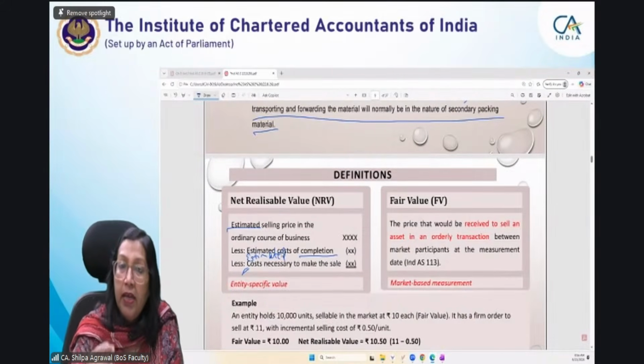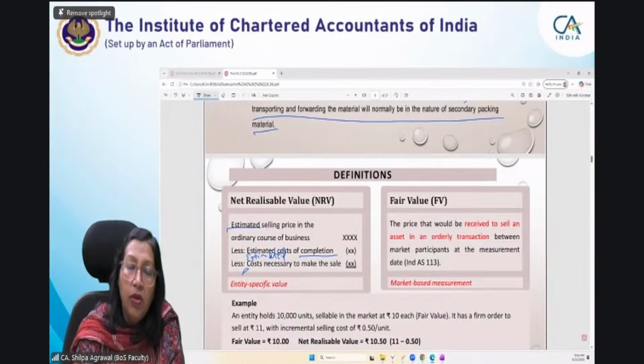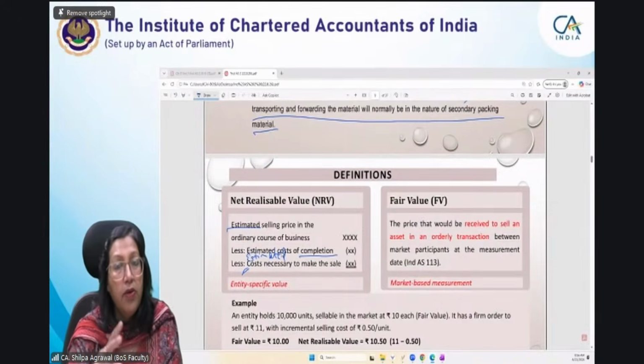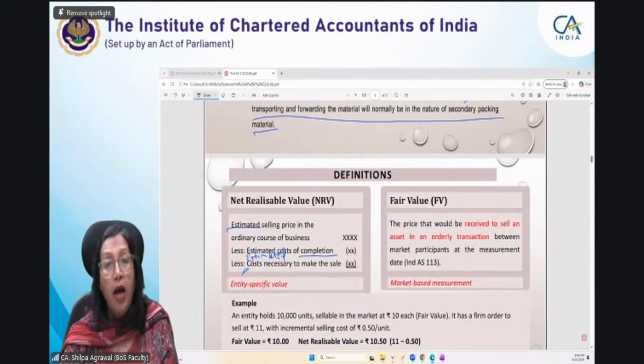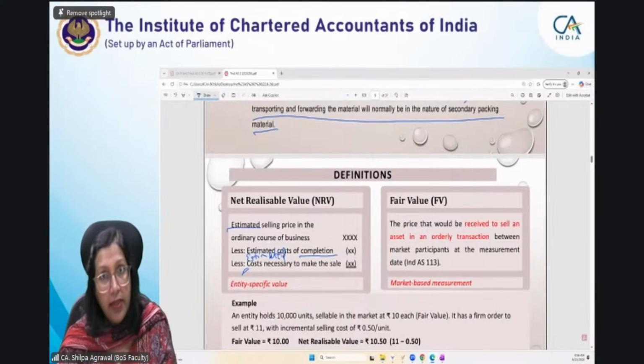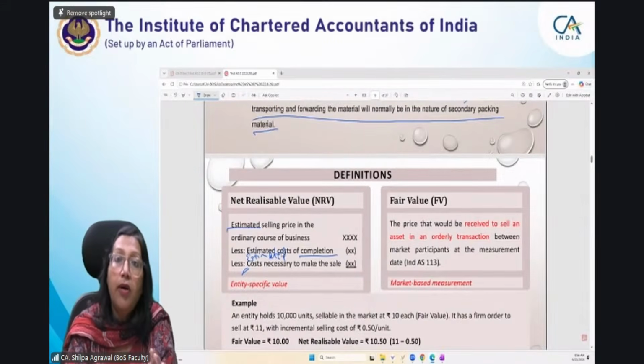For every entity, they have to identify their own net realizable value, not depend on the net realizable value of any other product of any other entity. However, for fair value, the third definition given in the standard, fair value is the price that would be received to sell an asset in an orderly transaction.